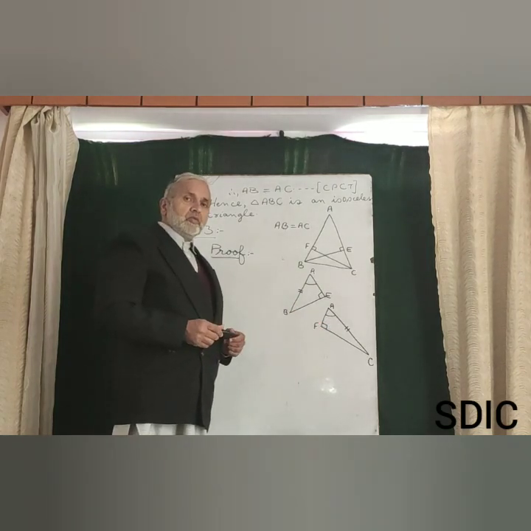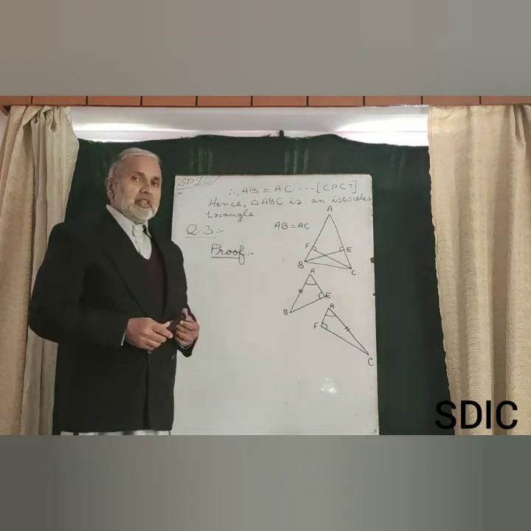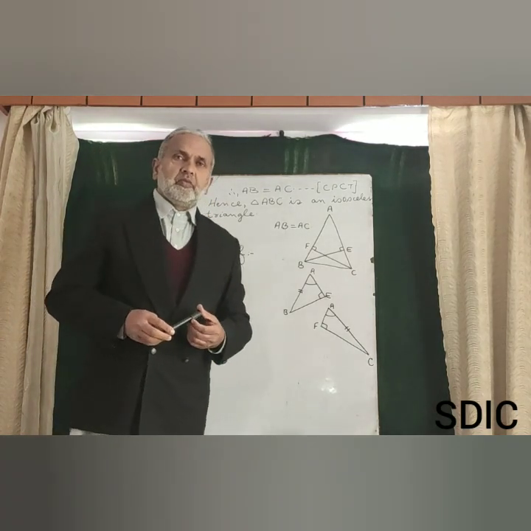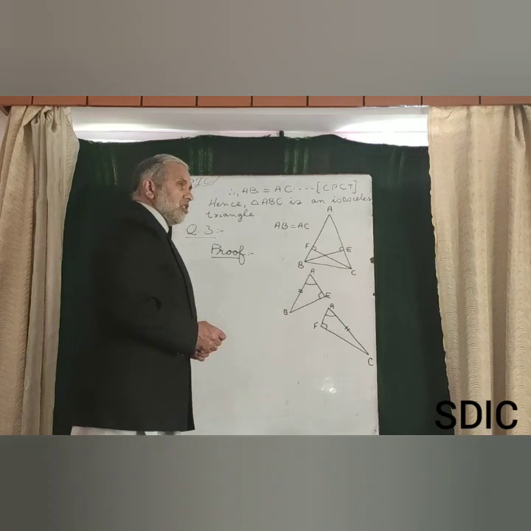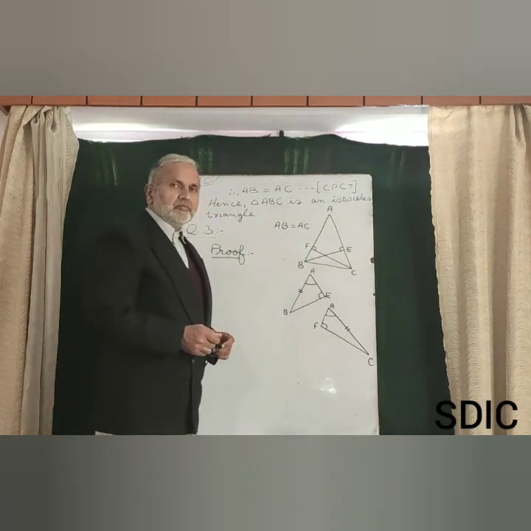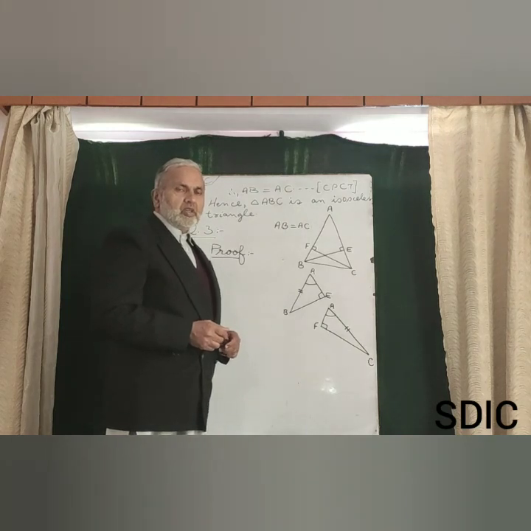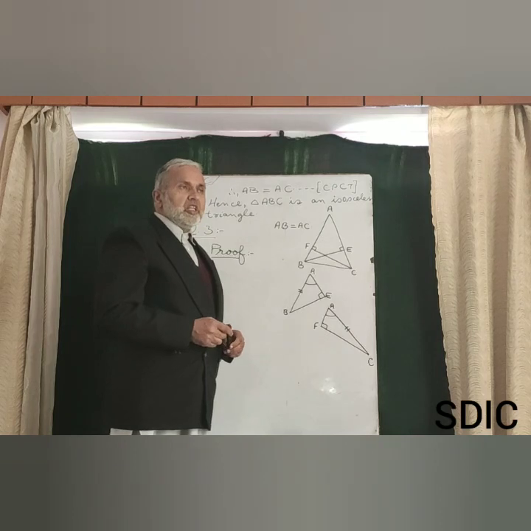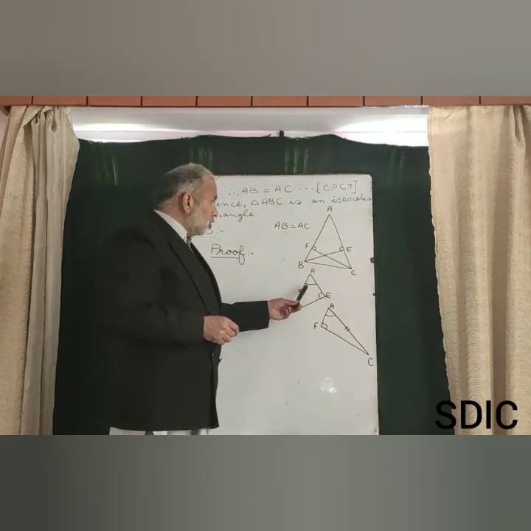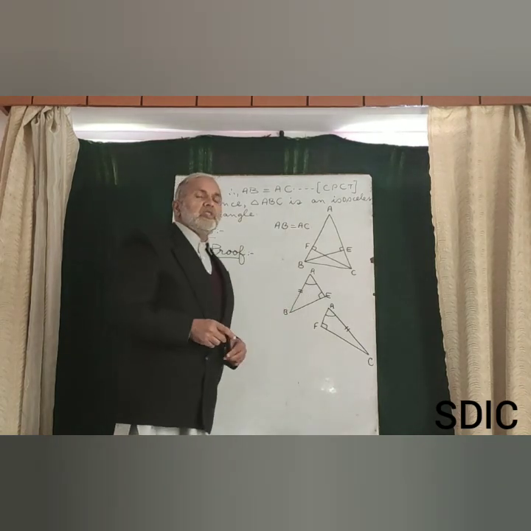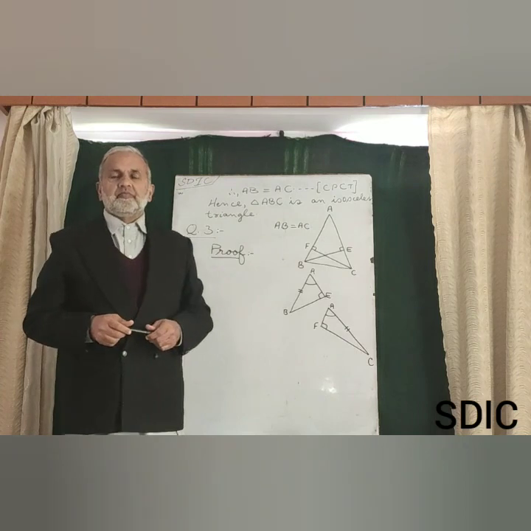Therefore, it does not refer to the ASA theorem because the side is not the included side. Had it been the included side, then we would write ASA, S between two A's. But it is not included, it is one of the remaining sides.